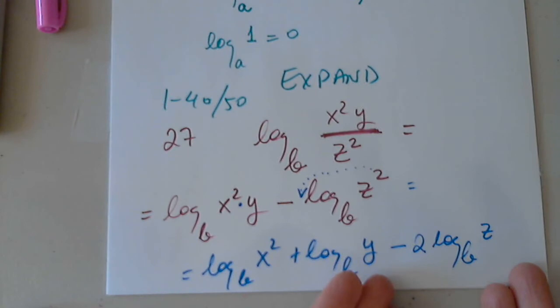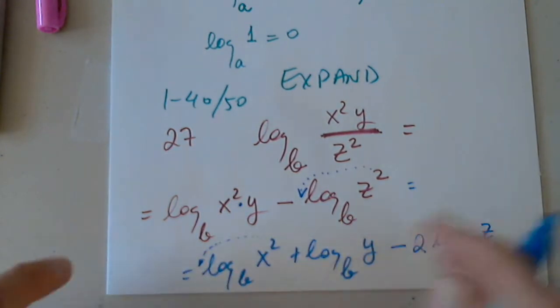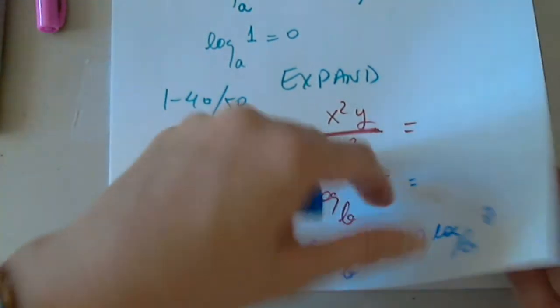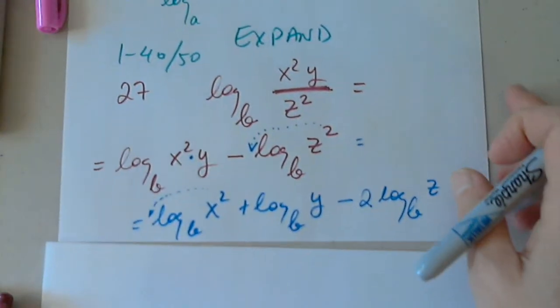I do have a property to apply here, which means just put the 2 in front, and it's completely expanded into simple logs. There are no other properties that we can apply. There's nothing else to do here.